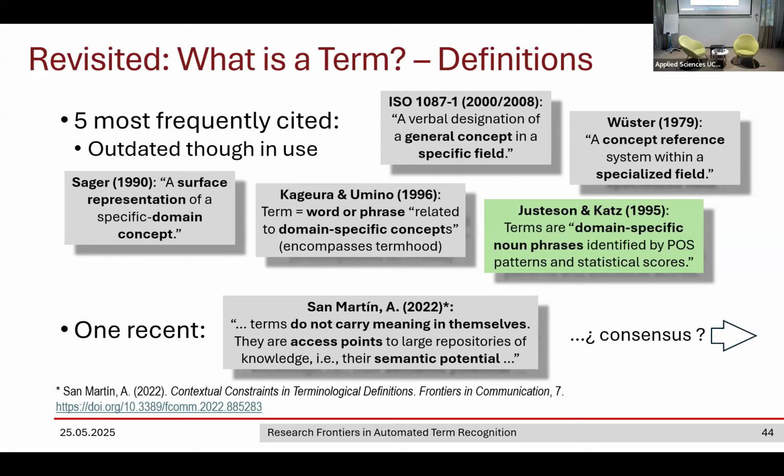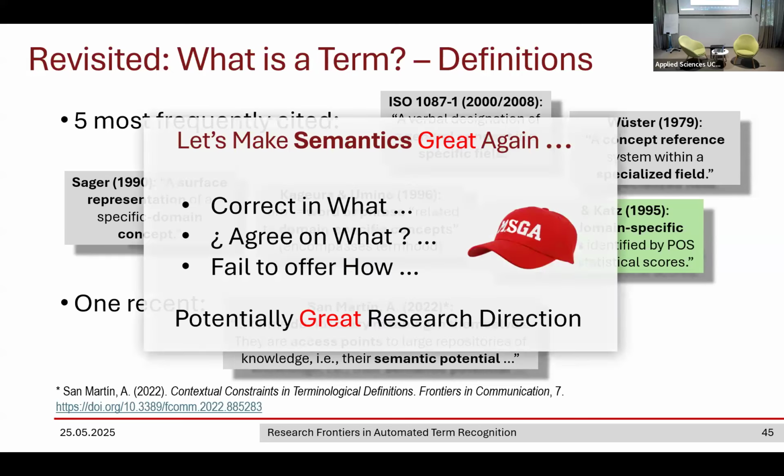So yeah, terms are just the doors, the gateways to the knowledge formally represented. Six out of 7 just say, let's make semantics great again. Looks like MAGA, and this is why this is a potentially great research direction.